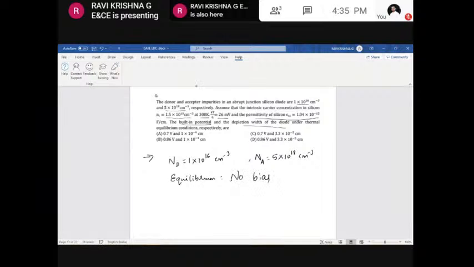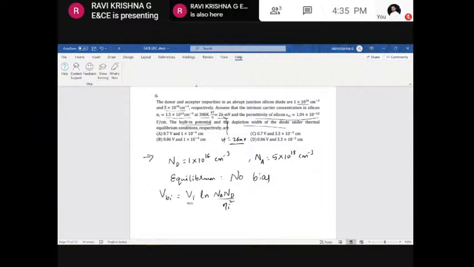One is the built-in potential. We know the built-in potential for the PN junction: it is the thermal voltage × ln of Na Nd divided by Ni squared. We know the thermal voltage, Vt is equal to 26 millivolts. It is given, so you just substitute that.